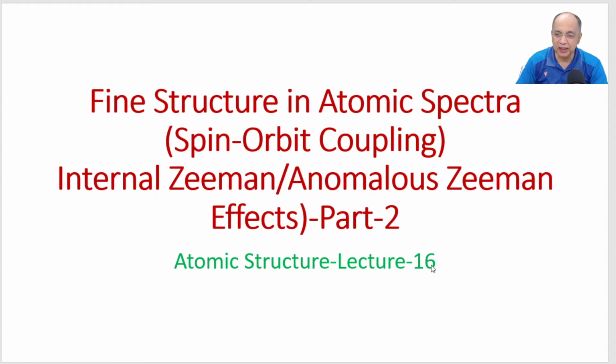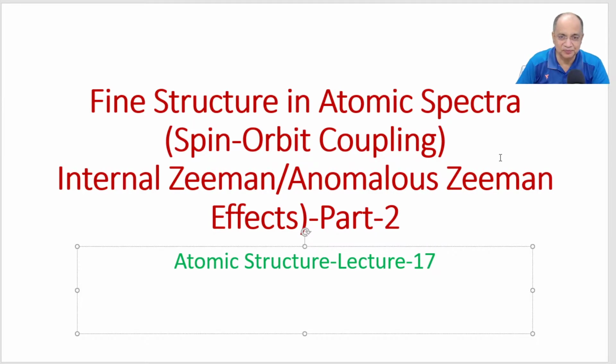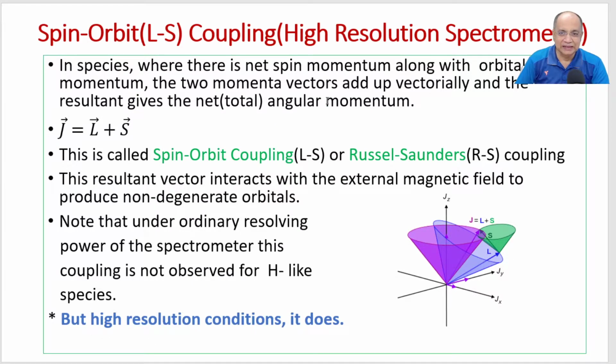This will be the 17th lecture on atomic structure. This is a repetition: spin orbit coupling is noticed, observed under high resolution conditions. Forget about the external magnetic field. Only high resolution condition, if there is an unpaired electron. If there is no unpaired electron, even if there is a transition, you don't see any LS coupling.